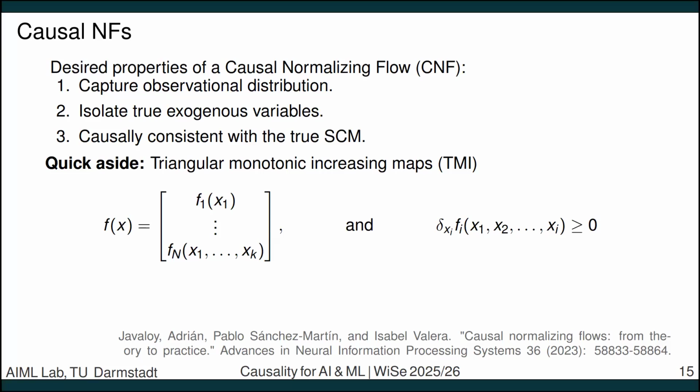as triangular monotonic increasing maps, which, if you look at the vector on the left, is exactly this kind of thing where we have a bunch of functions, each computing a particular variable or factor.